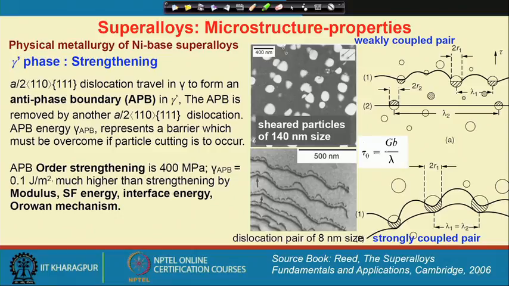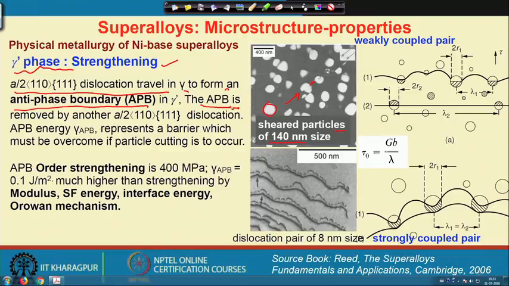Now, a very similar situation people have observed in case of a superalloy, when we consider the gamma prime phase, nickel 3 aluminum, strengthening. You can see that the dislocations pass and cut through the particles. Okay. Here these are the sheared particles of 140 nanometer in size, and they have an almost round shape. So, you understand that the misfit strain is less, and now the ordered strengthening appears when these dislocations travel into the matrix to form an antiphase boundary in the gamma prime phase.